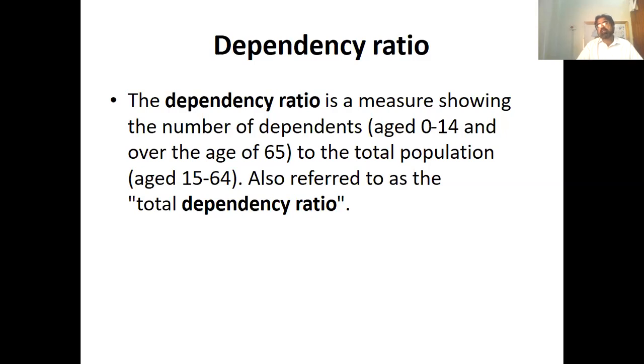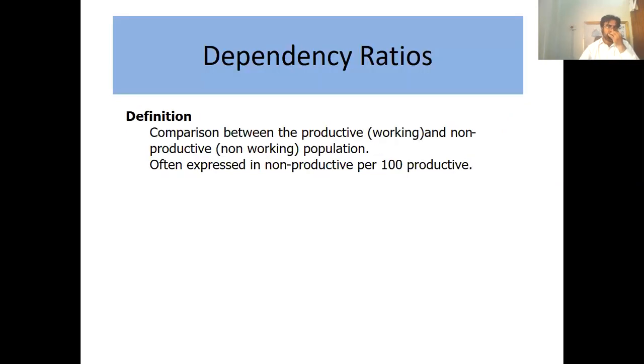And the people who are 65 years and above cannot work. They are living their retired life, so they are also dependent on the productive people. The dependency ratio is a comparison between the productive working and non-productive population, often expressed as non-productive per 1,000 productive.